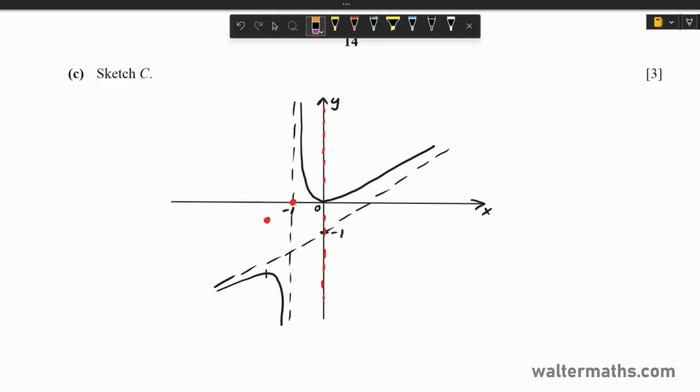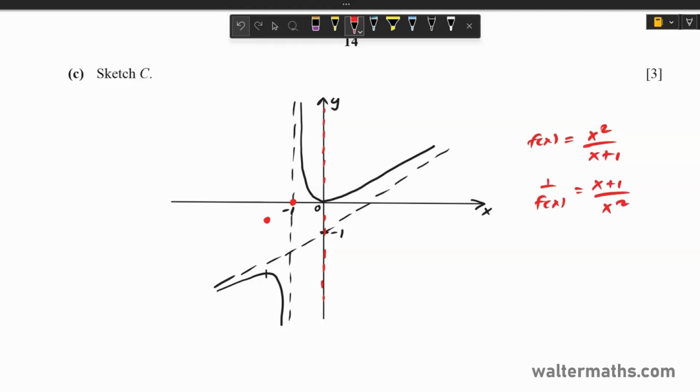Next, we're going to consider the fact that the original function is y equals x squared over x plus 1, and the reciprocal graph, so this is like for f of x, right? And for 1 over f of x, it's x plus 1 over x squared.